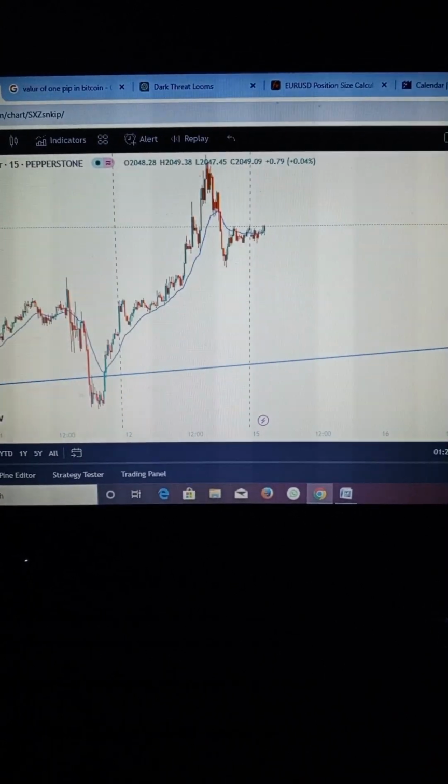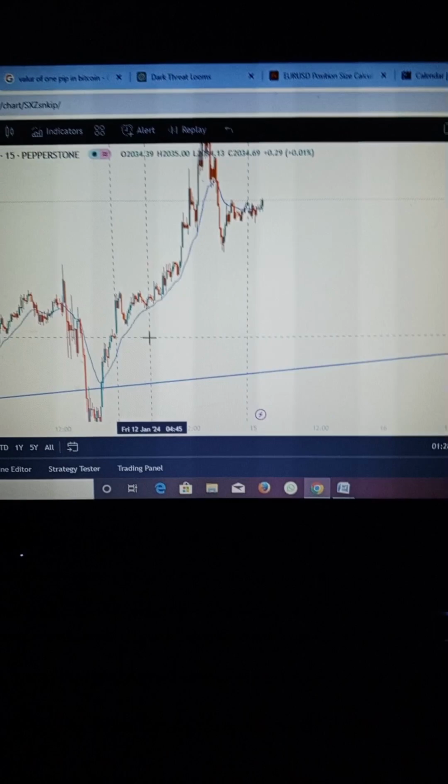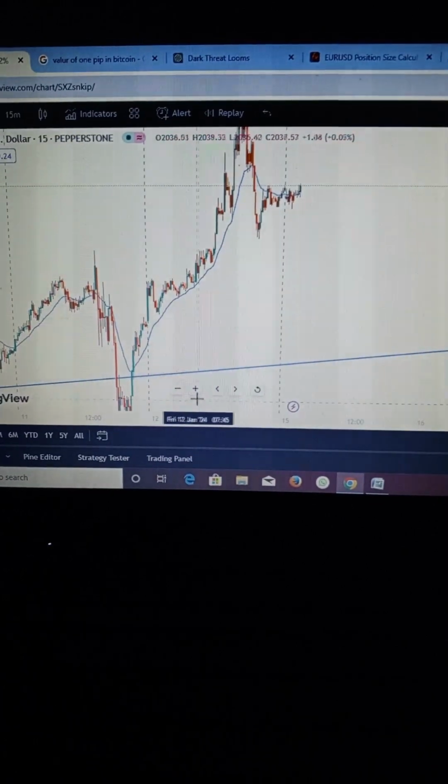A big push and momentum. Okay, good. Now you can see this big push here. You can also see this big push. So let me just mark everything down here for my demand zone.